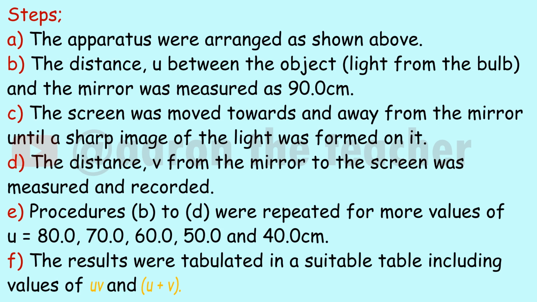Procedure D, the distance v from the mirror to the screen was measured and recorded. And then procedure E, procedures B to D were repeated for more values of u equals 80, 70, 60, 50, and 40.